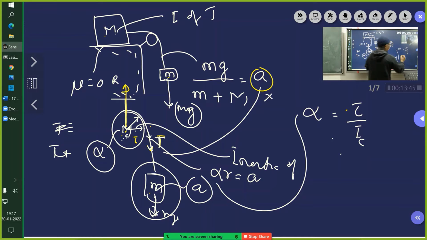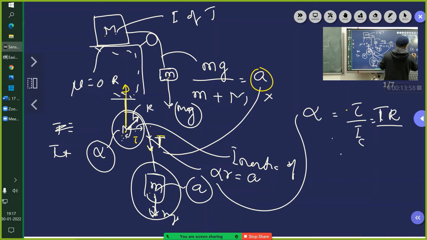So the torque will be the tension T into R. This radius is R. And what will be the moment of inertia about C? They told it is a cylinder, so it is capital M into R square.